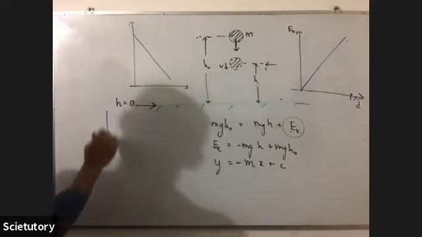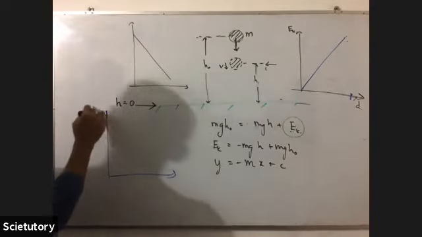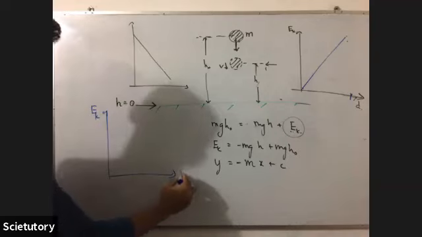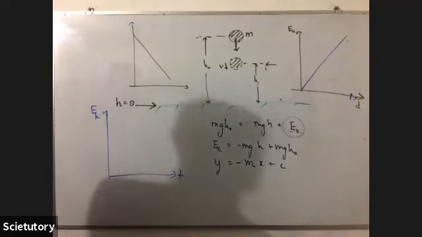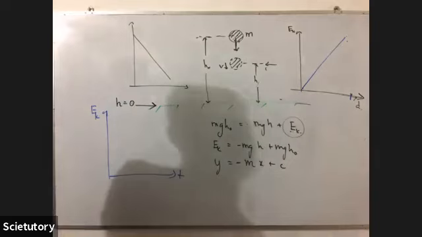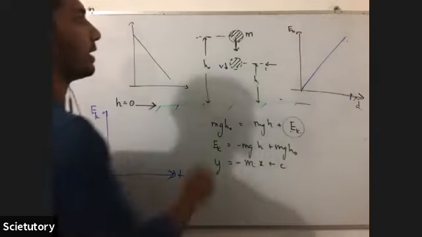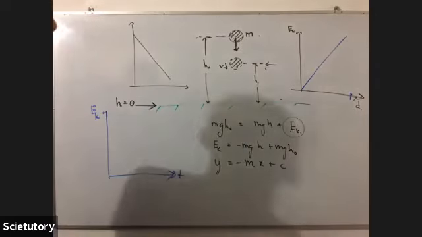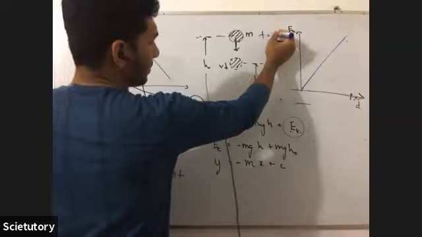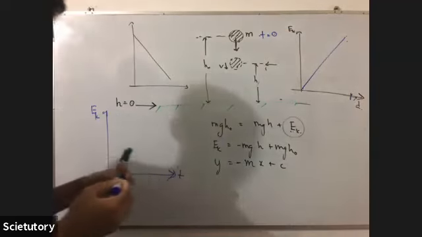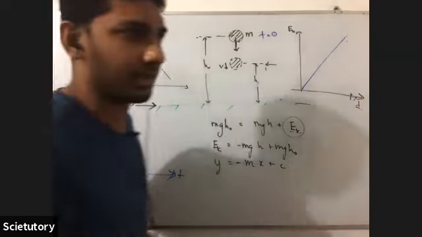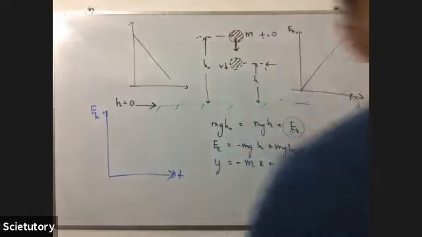And what do you think about the Ek with time? What do you think about Ek with time? Time measured from this point. Here t is equal to 0. Just please speak, okay? It's very boring for me also.